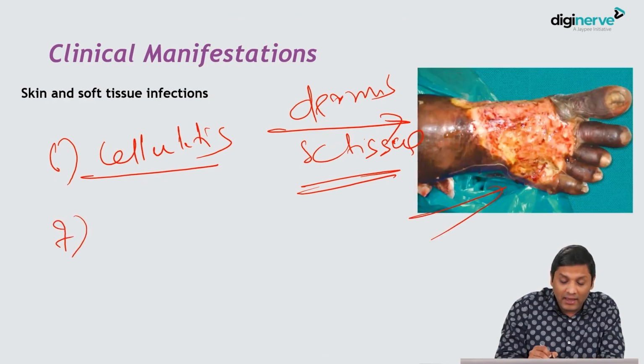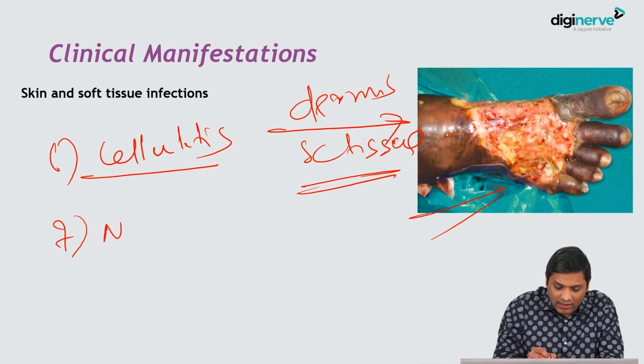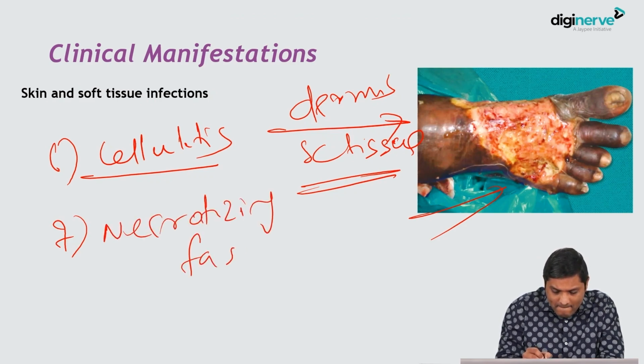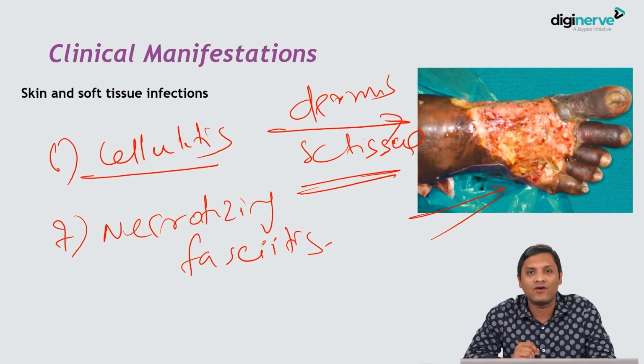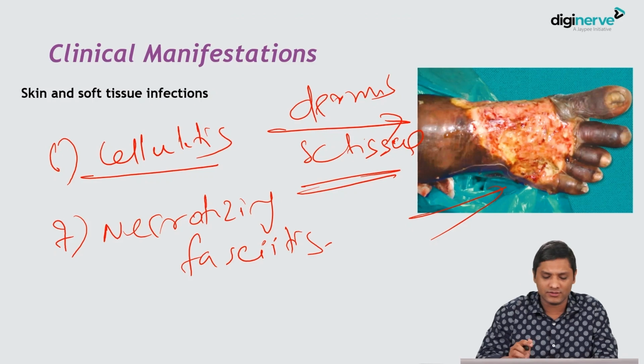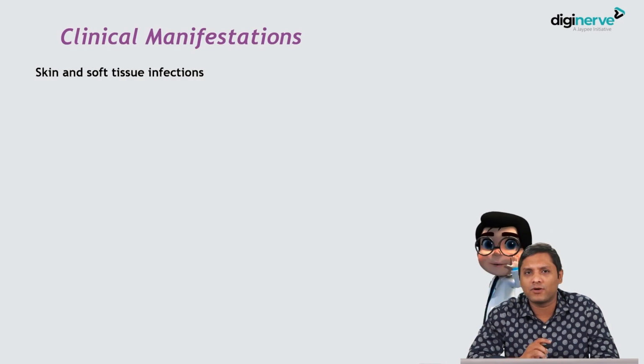Next, it may involve the fascia to cause necrotizing fasciitis. Involvement of the fascial layer is called necrotizing fasciitis. Streptococcus and Staphylococcus are the common causes. Other than that, there are various other skin and soft tissue infections Staphylococcus aureus may produce.